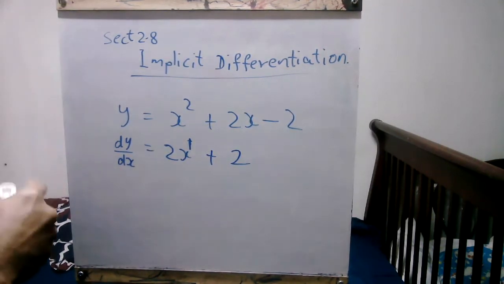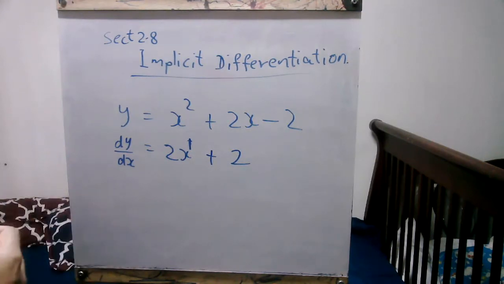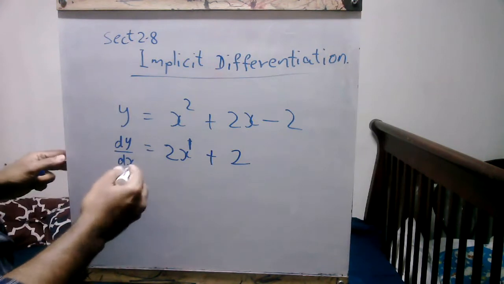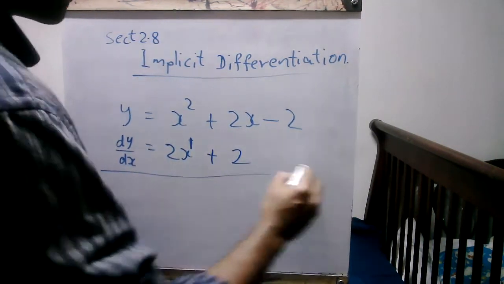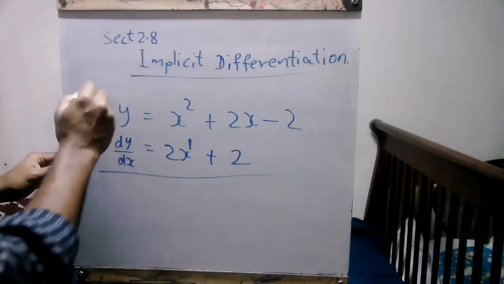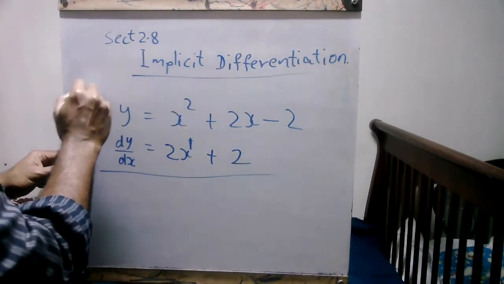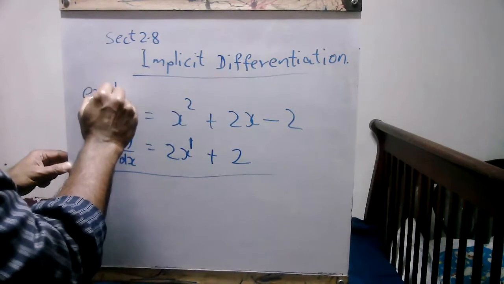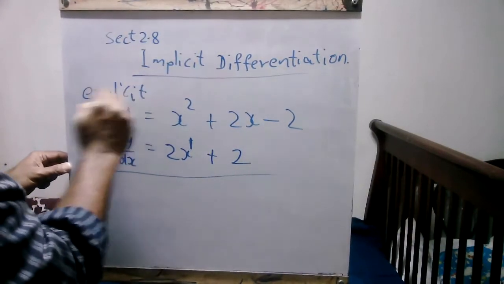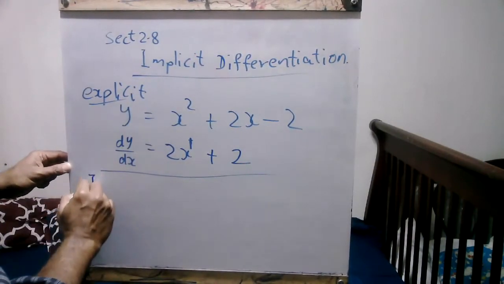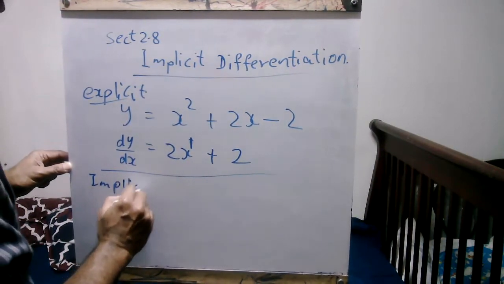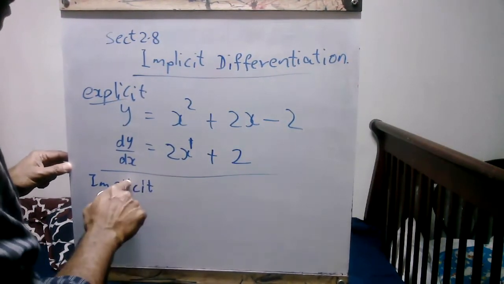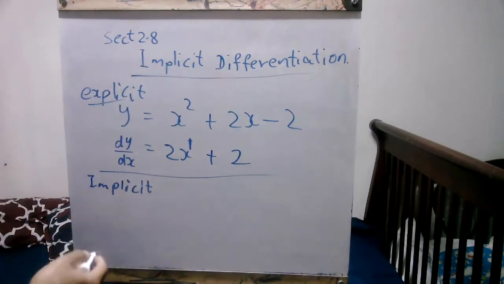If y is expressed implicitly, which means you cannot solve the equation for y. For example, this is implicit, this is explicit, implicit, what we're going to learn today.